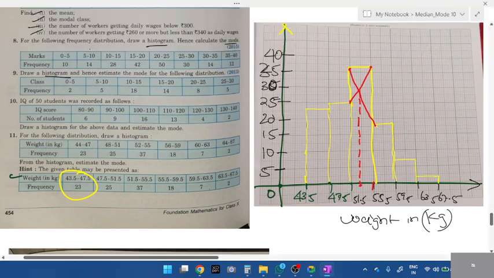Let us calculate for the y-axis. Concentrate here. What is the difference between each box? Take the upper limit, 47.5 minus 43.5. What is the difference? Be quick, students. 4. Okay, 4 units. How many lines are there in each box? 10 lines is equal to how many units, or how many kgs?